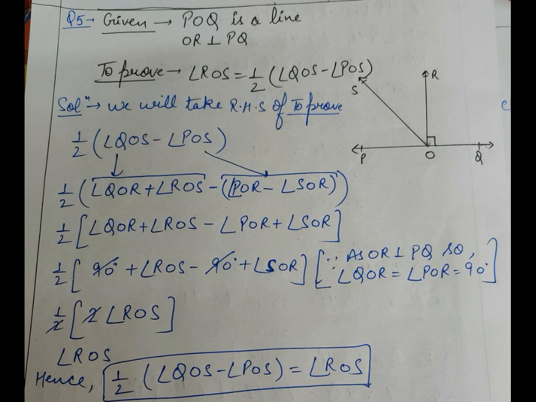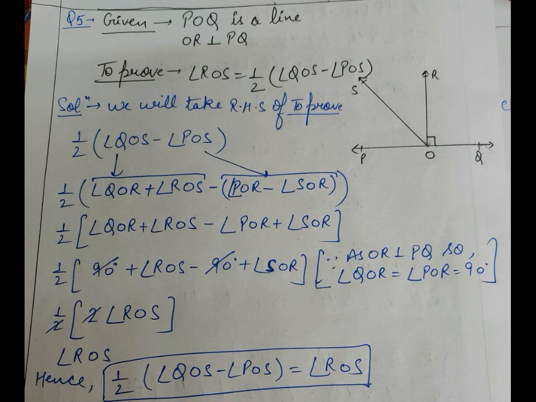Now what is given here? Given is POQ is a line, OR is perpendicular to PQ. You can see in the figure also. Then to prove is angle ROS is equal to half of angle QOS minus angle POS.